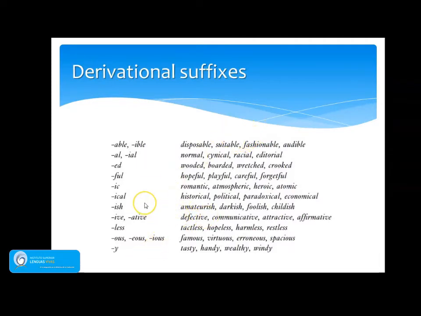Have a look at the first set of adjectives: disposable, suitable, fashionable, where we add -able to the verb dispose to get the adjective disposable, or audible, or editorial, yes, where we add -ial to editor, a noun, to get the adjective editorial.